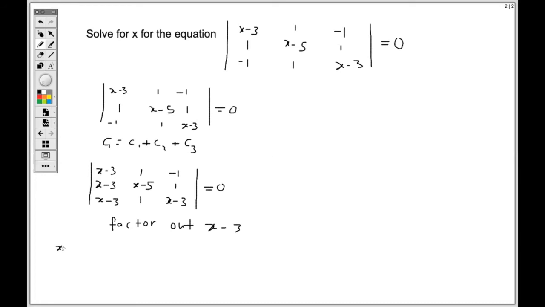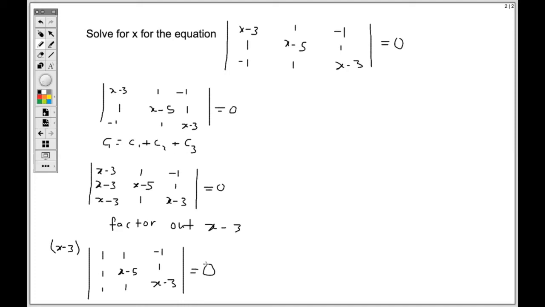We have x minus 3 on the outside, and then within we will have the first column being all 1s. So I'll have 1, 1, 1, and then 1, x minus 5, 1, negative 1, 1, x minus 3, and it's equal to 0.